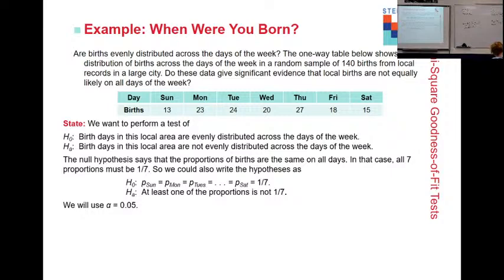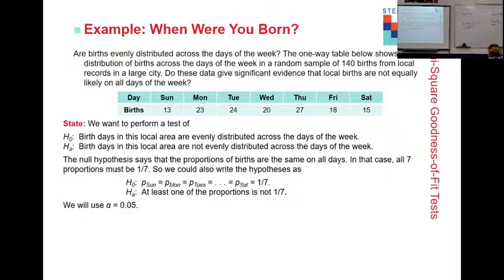Independent. People's birthdays are independent of each other. Your birthday doesn't affect someone else's. 140 people, 10 times that, 1,400. More than that amount of people that are newborn in a large city.